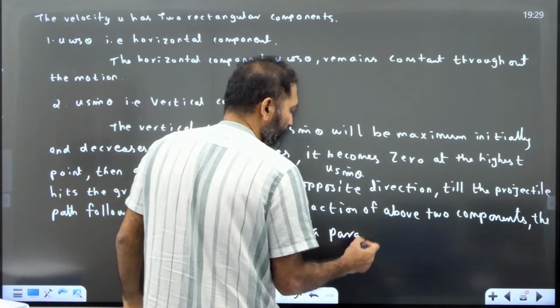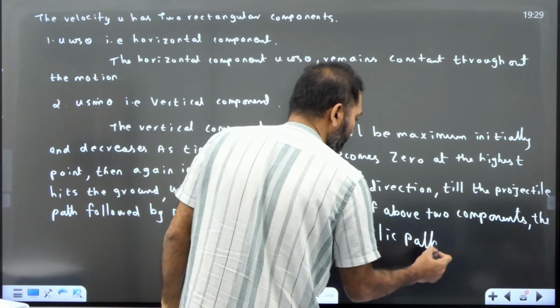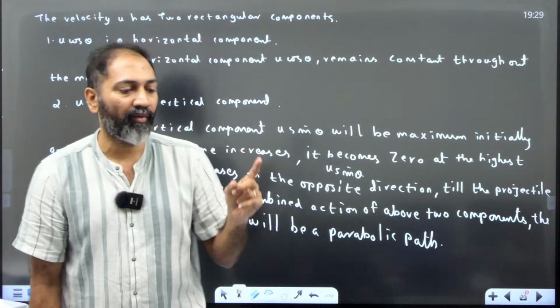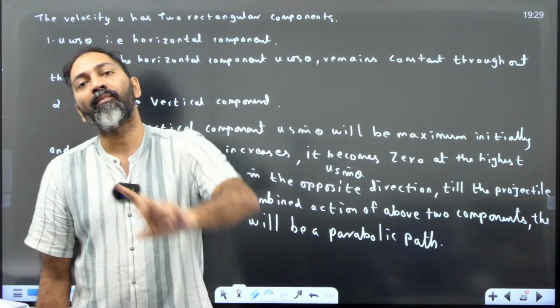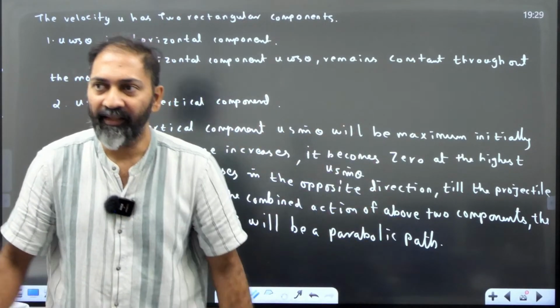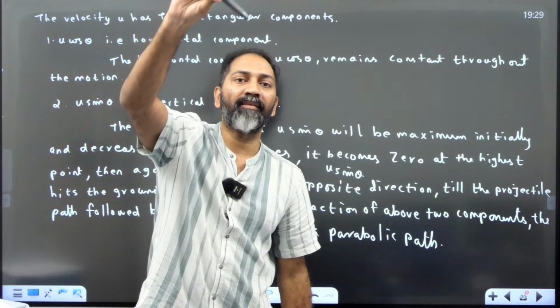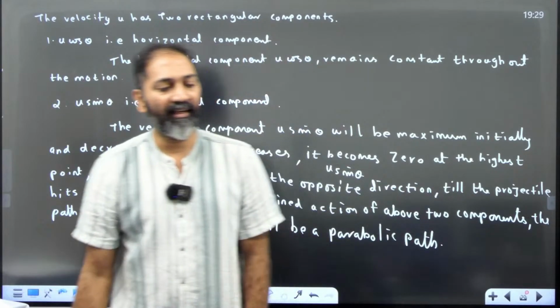What is the path followed by a projectile? Parabolic path. So which component remains constant throughout the motion? Horizontal component u cos theta. Which component varies with time? Vertical component u sin theta. That is initially maximum. Then it decreases and it becomes 0 at the highest point. Then again it increases in the opposite direction.